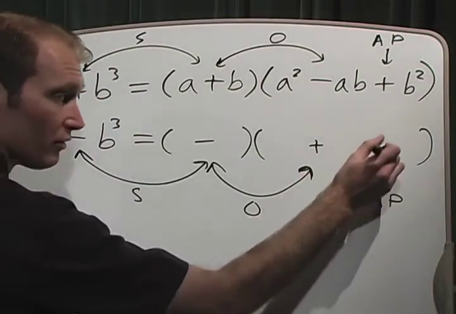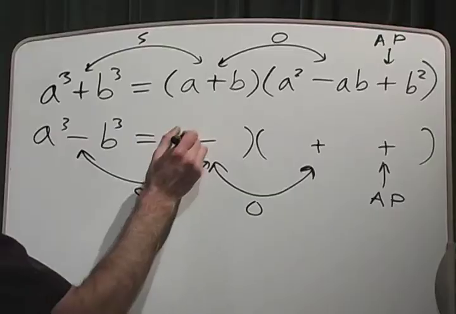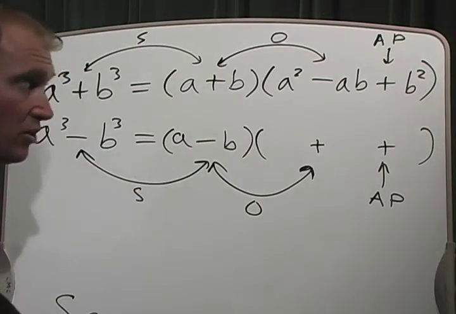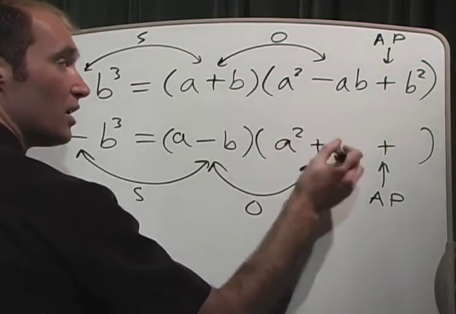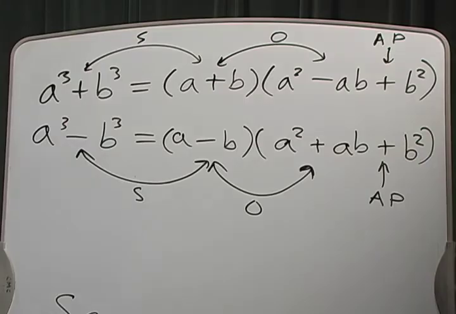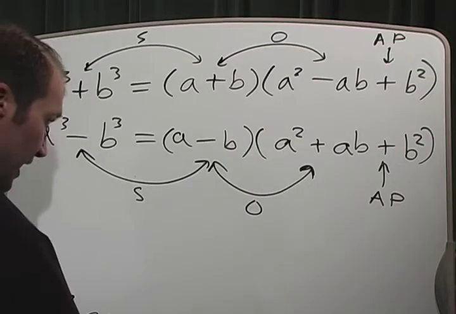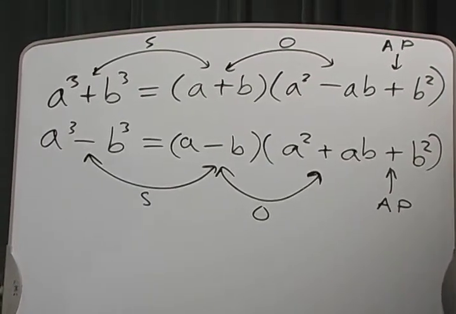Now it's just a matter for me to fill in the letters. So this is going to be a minus b, and then again I have descending powers of a and ascending powers of b. So I have a squared plus ab plus b squared.